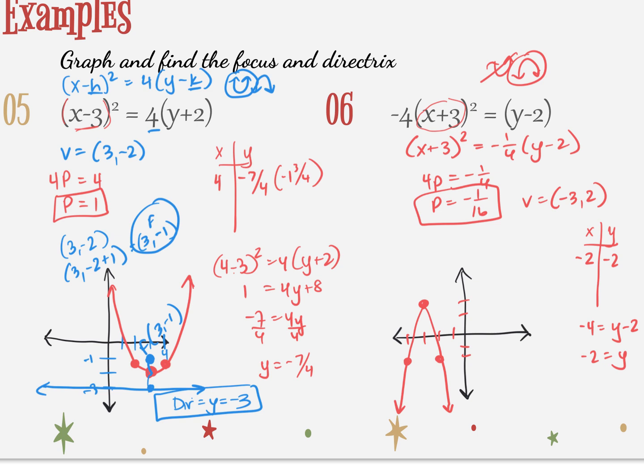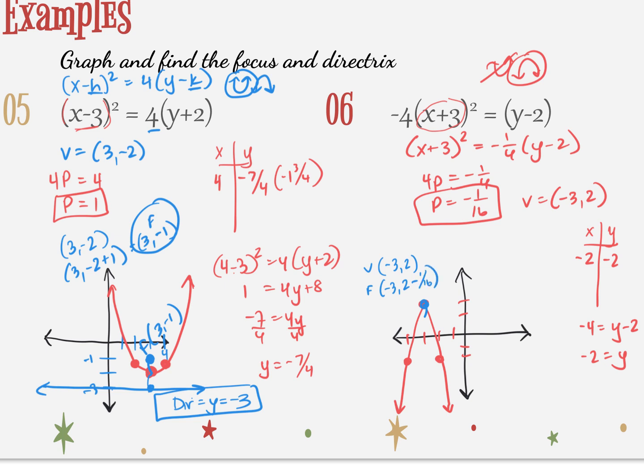So I know again that my focus is going to be 1/16 unit below whatever this point is. So this point right here is negative 3, 2. That's my vertex. So I know that my focus is going to be negative 3, 2 minus 1/16.